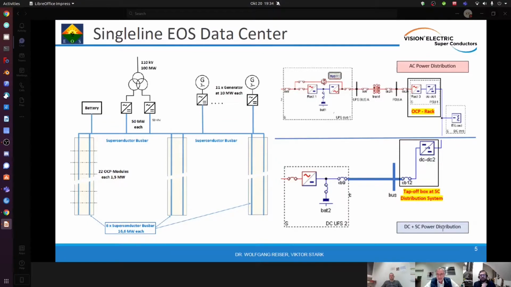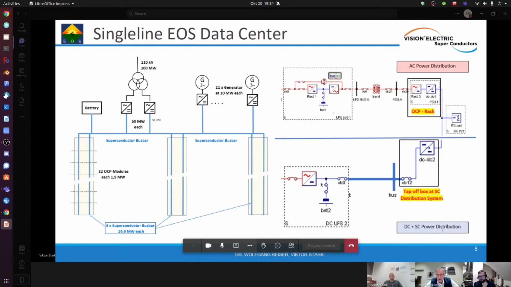You need to think about the reduction of power losses. And this is the miraculous thing in superconductors. Superconductor is really a nice material, and you can conduct currents without any losses. And therefore you can go to a very low voltage level. And here the voltage level in the lower scheme is the voltage level of your battery.